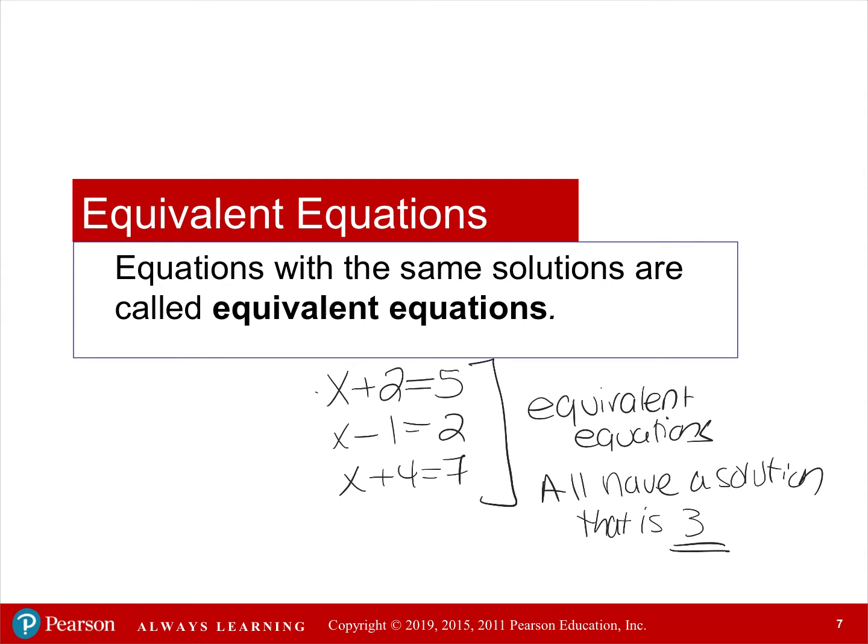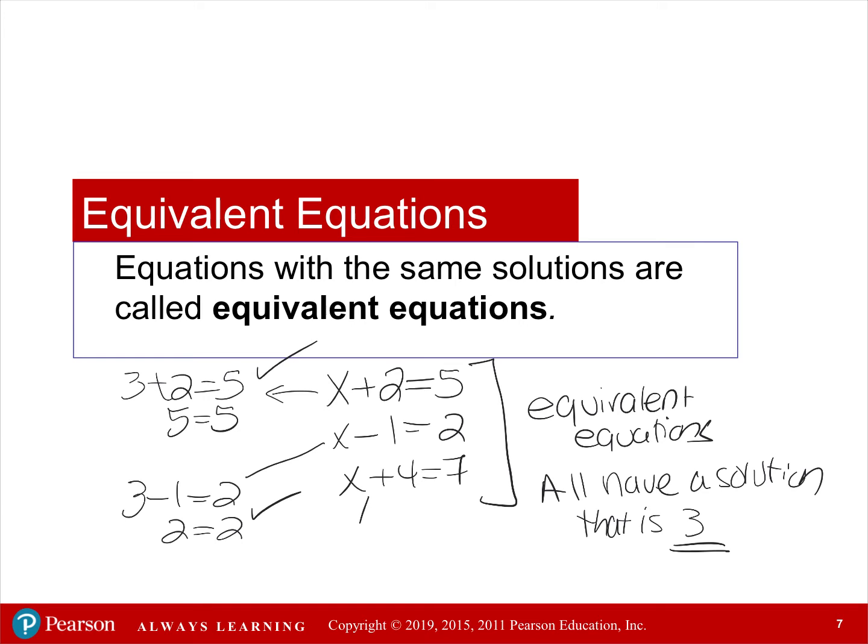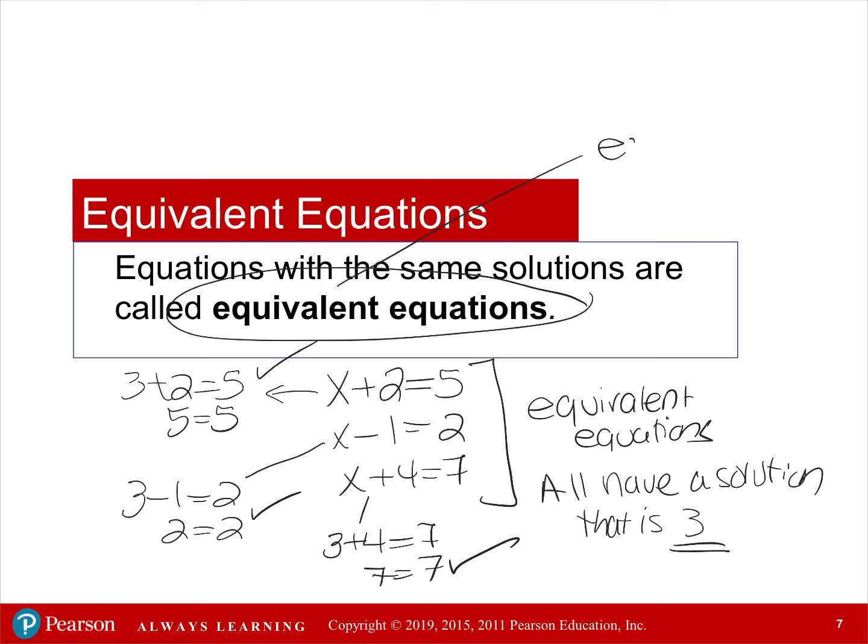Notice that if I put 3 plus 2, 5 equals 5. Yep. If I put 3 take away 1, 2 equals 2. Yep. If I put 3 plus 4, 7 equals 7. Yep. So these are why they're called equivalent. Notice equivalent has the word equal in it.